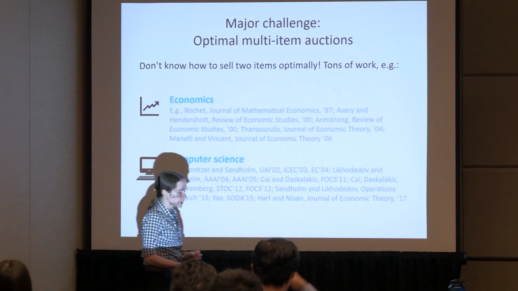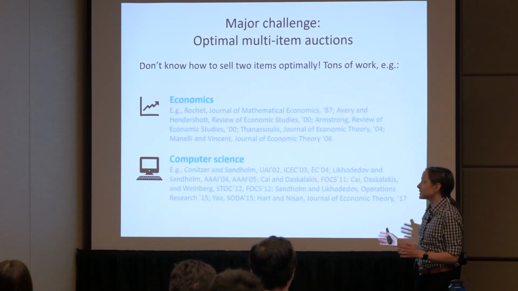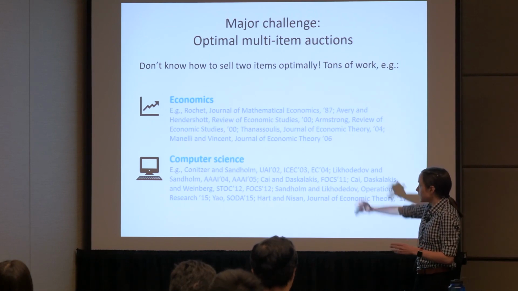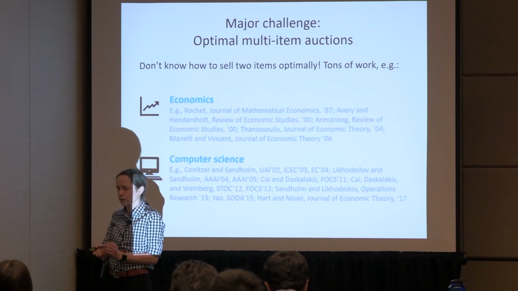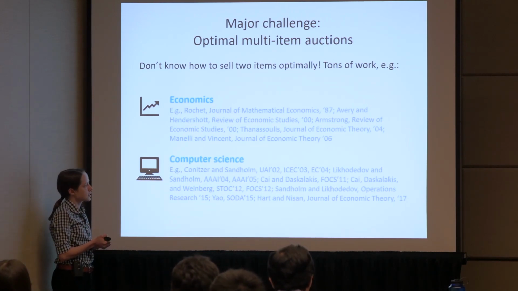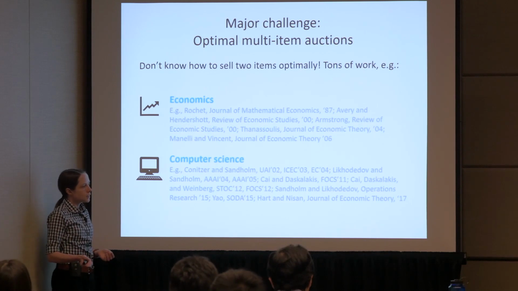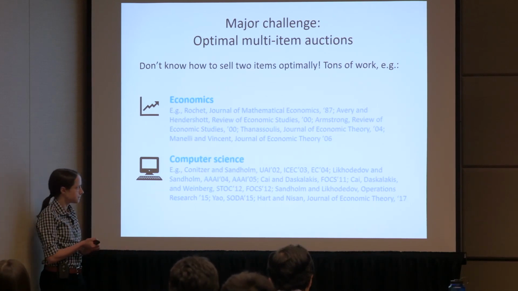But remarkably, when we get to multi-item auctions, surprisingly less is known, despite a huge amount of work in this area from both the economics and the computer science community. And this is just a tiny sample of the papers that have looked into understanding the structure of the optimal multi-item auction.